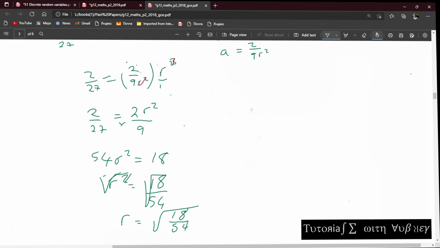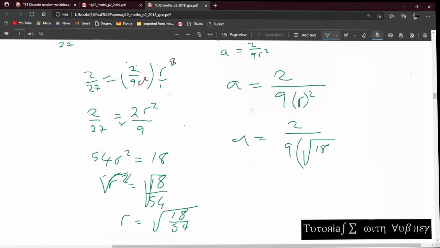To find your A, you go back to the equation here. Your A is equal to 2 over 9r squared. So A is equal to 2 over 9 times r squared, with r being 18 over 54. Okay, so our A will be equal to 2 over 9 times this, and where there will remain, we'll simplify.